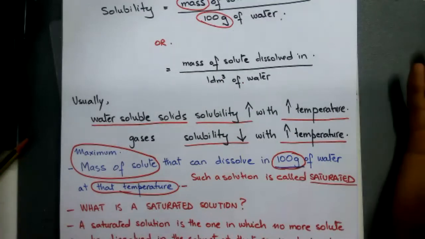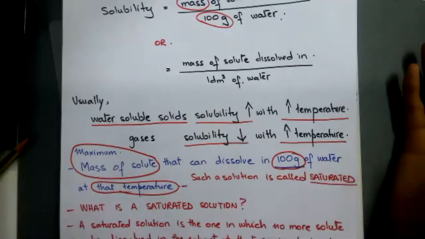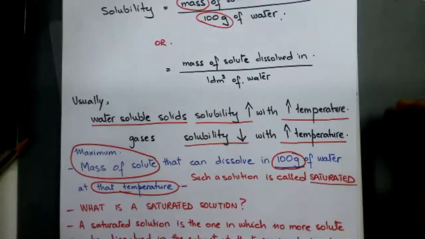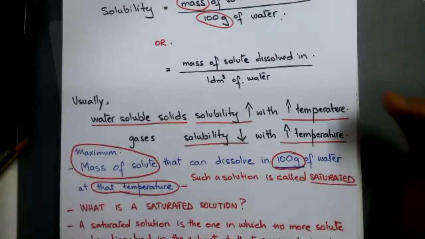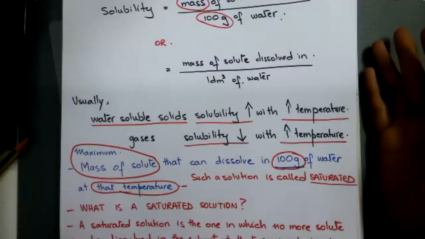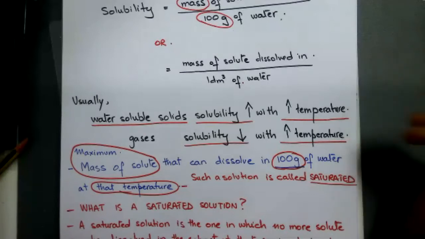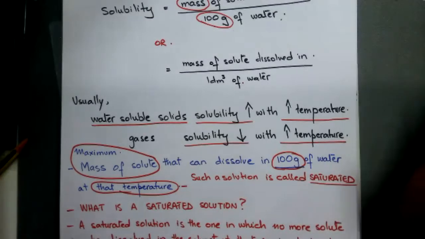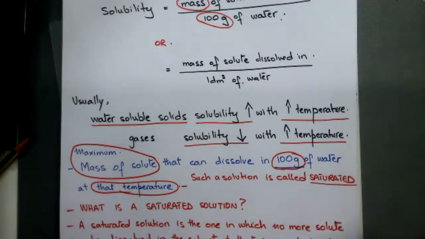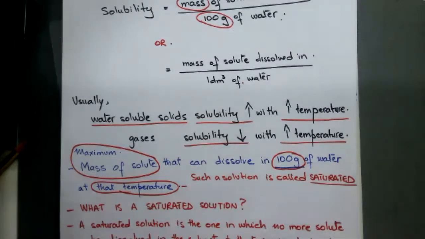Like sand. No matter what you do, it will never dissolve in water. No matter how high the temperature you raise, the sand will never dissolve. It will always remain suspended, or it will settle down at the bottom.